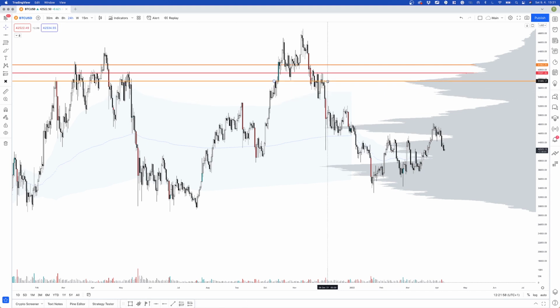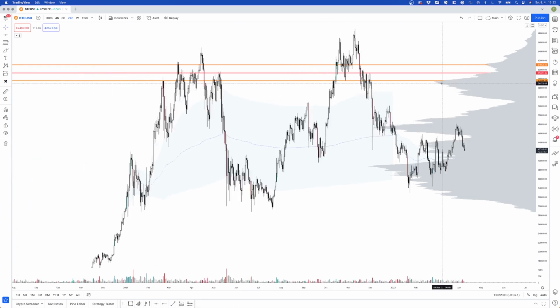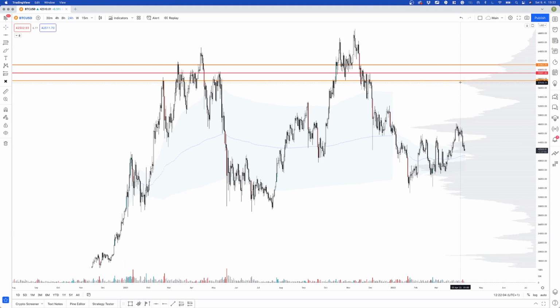So what I think would be the best way to do it here is to mark out this high, and you are standing very close to the actual point of control, so this high would be the relevant point. And once again, if you take a look to the left, you have the touch here, a little bit of price action here as well, so I would say this is a pretty solid level.